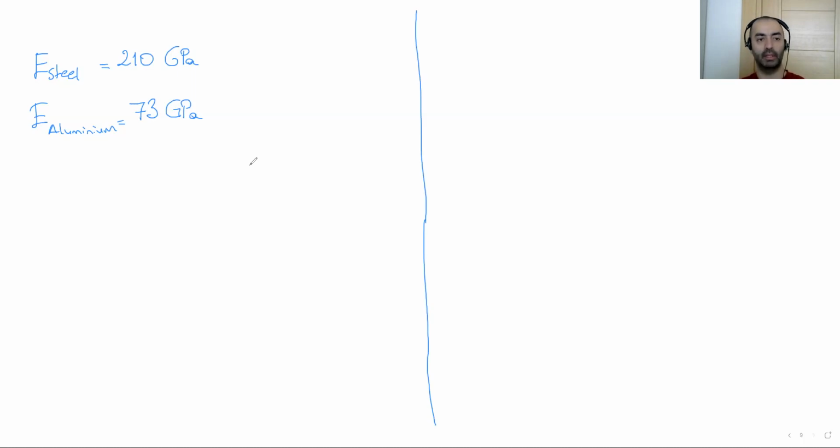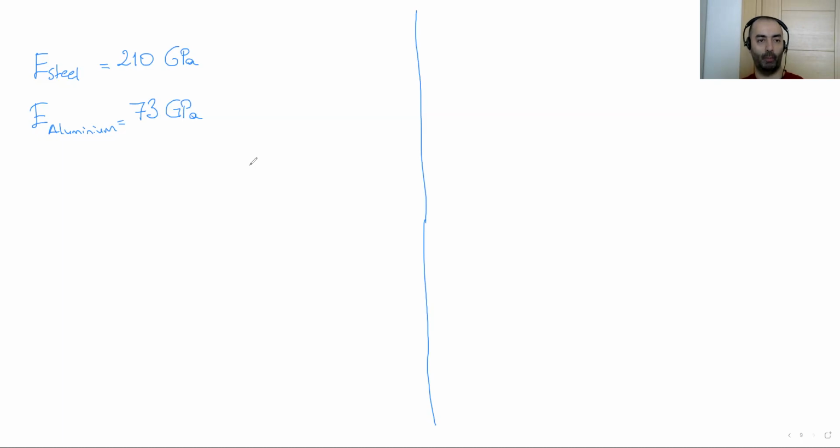The aluminum member makes 3 times larger deformation than steel. So if we have higher E, that means it's a good thing. So steel has really high modulus of elasticity.